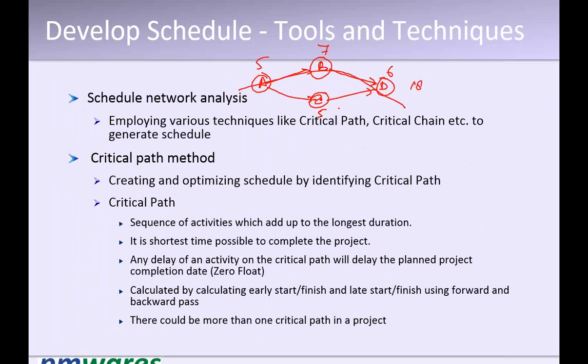But if you see this path, its duration is only 16. This path is 2 days shorter than the critical path. That means if I delay the completion of C by 2 days, there will be no impact on the project end date.